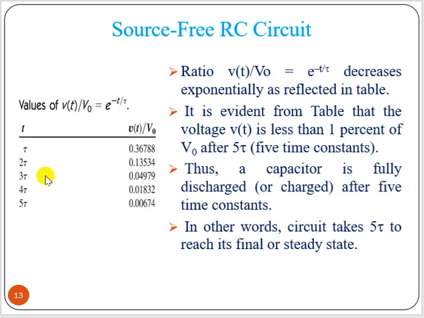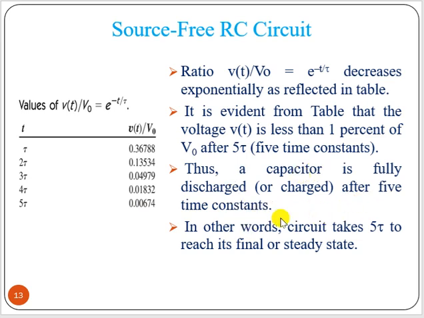Now if t equals 2 tau, it goes down to 0.135, then 3 tau, 4 tau, 5 tau. So we can see that when it reaches 5 tau, it reaches its final steady state value, which is less than 1%, almost 0. So the capacitor takes 5 time constants to fully discharge.